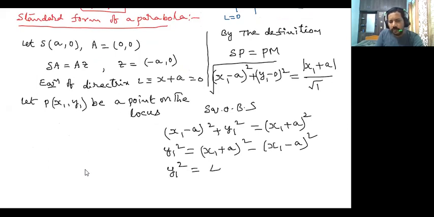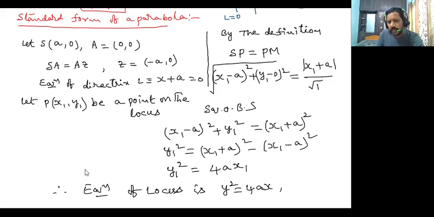So we get 4a x1. Therefore, the equation of the locus is y square is equal to 4ax. Here a is greater than 0. Whenever we take the standard form, a is always greater than 0. This is the derivation of the standard form of a parabola.